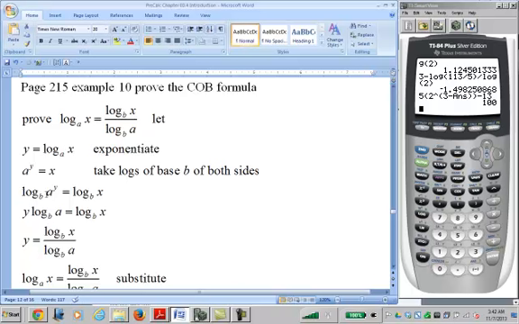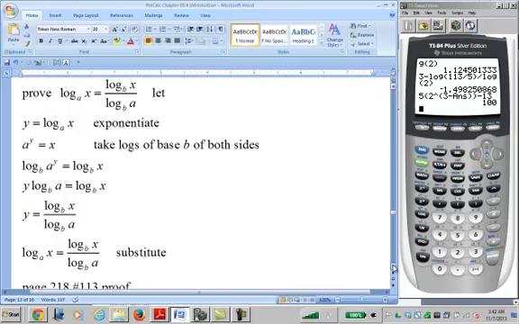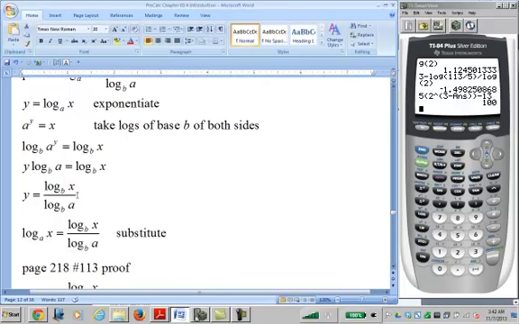So log base b of a to the y equals y times log base b of a equals log base b of x. Now we divide both sides by log base b of a. So we get y equals log base b of x divided by log base b of a.